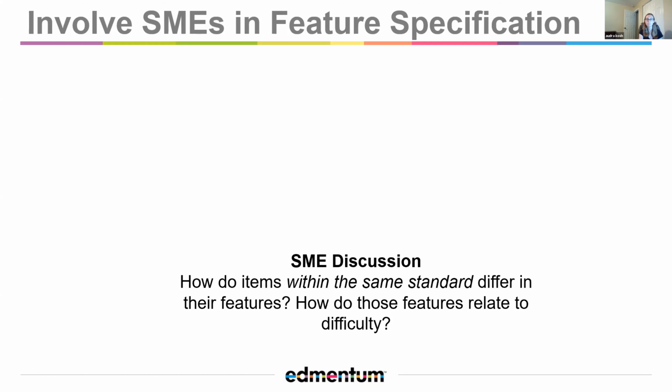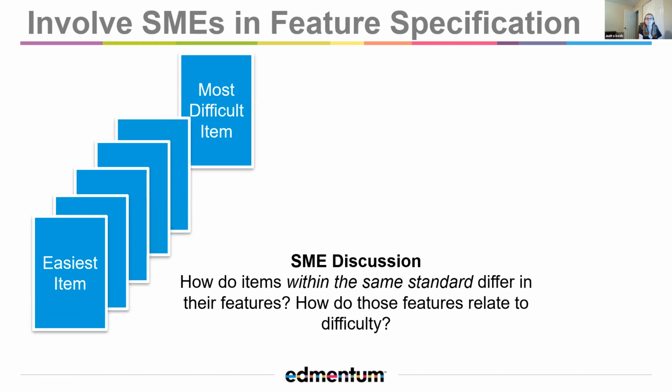So one thing to help guide this conversation can be to make an ordered item booklet of items within the same standard, ordered from easiest to most difficult, and look at examples of those items and talk about, first of all, what their features are and how difficulty might vary by switching the features.